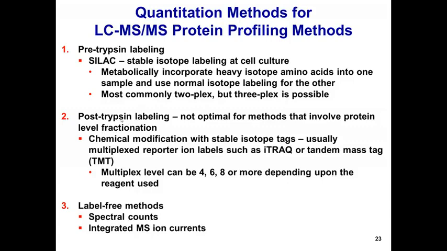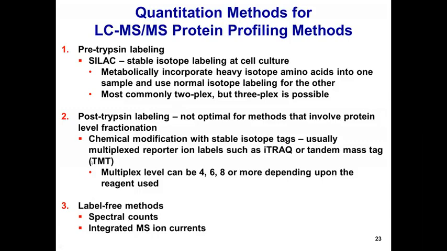Post-trypsin labeling is not an optimal method when it involves protein fractionation because it is insensitive to any variations that occur at the protein fractionation level. This involves chemical modification with stable isotope tags. The most common are multiplex reporter ions such as iTRAQ or tandem mass tag.